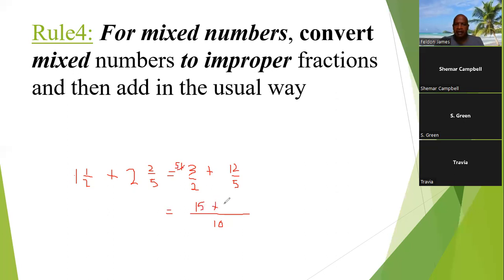And then now we say 5 into 10 goes how many times? 2 times. And now we say 2 times 12, which gives you 24.